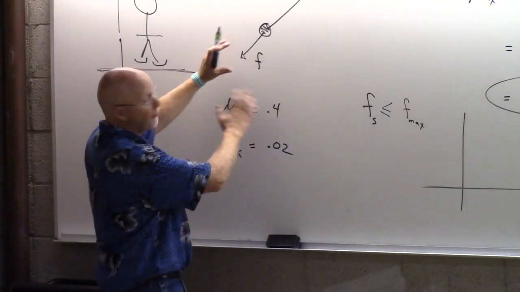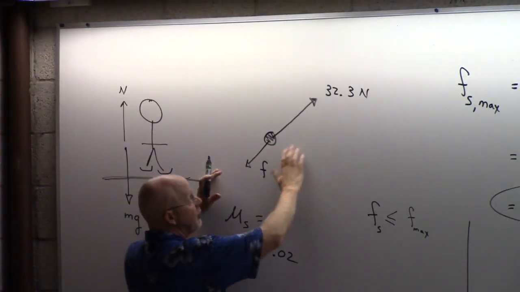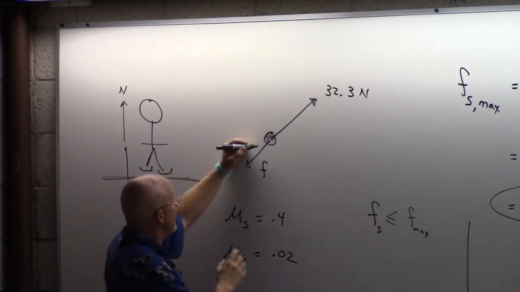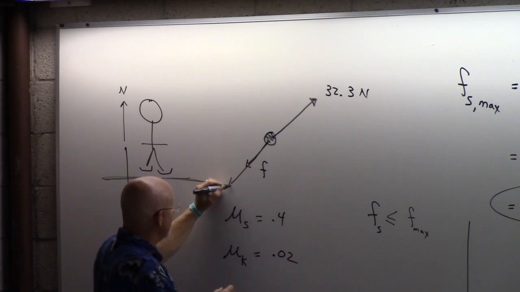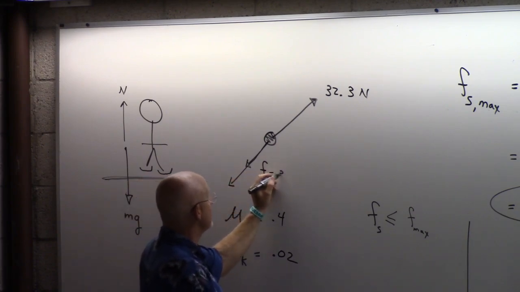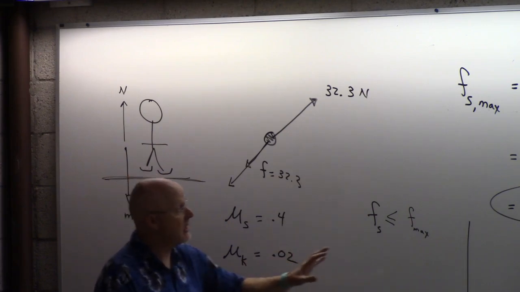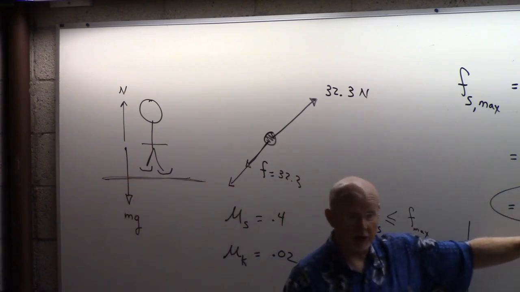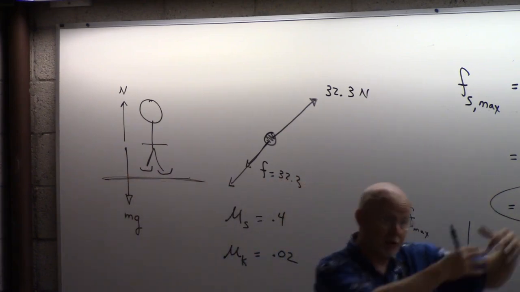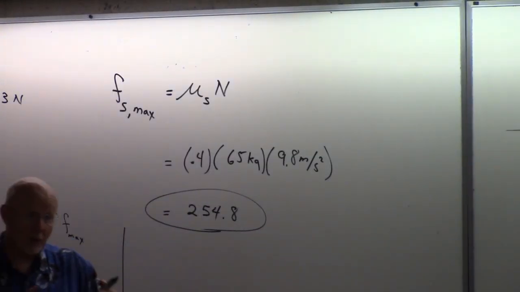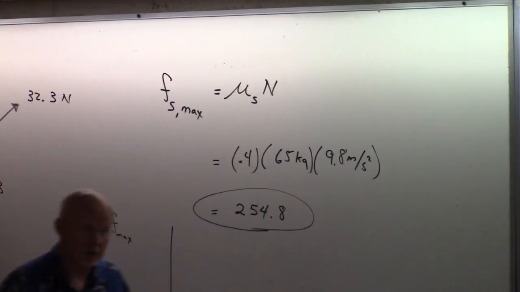So her two friends, who are pushing her at 32, mean that she's not going to move, so the friction is going to come out to be 32. I'm not saying this is the amount of friction. I'm saying the friction can go up to that value, and it could be appropriate to keep her from moving.